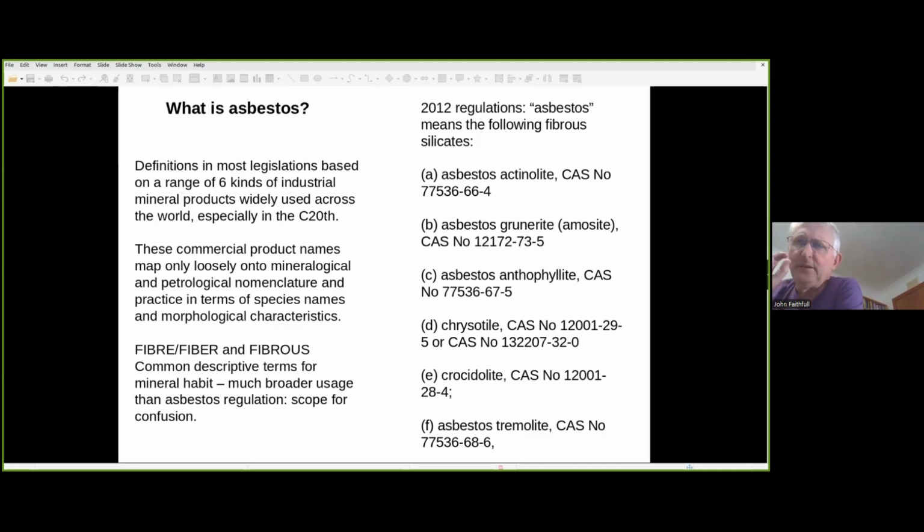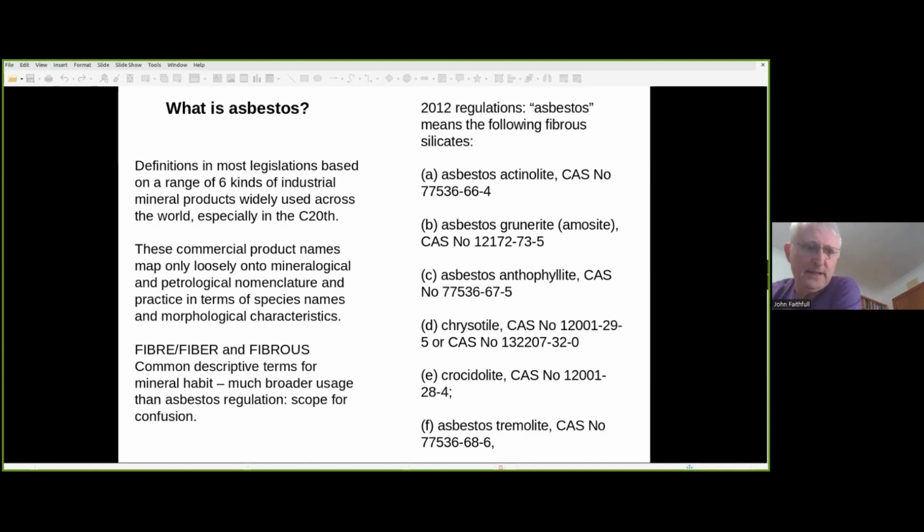As I say, we have these 6 products with these names, the amphibole asbestos and chrysotile asbestos, but there are, obviously, asbestos issues that arise from products outwith this space.